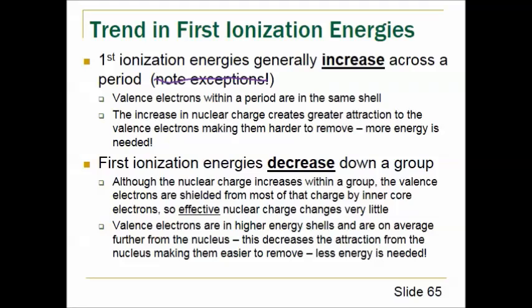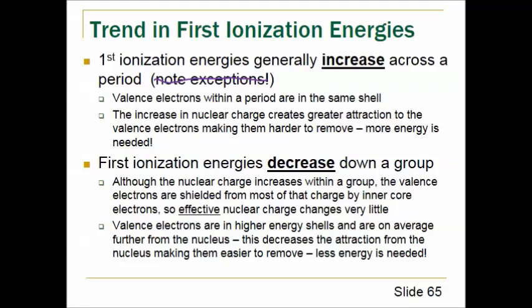When you go from sodium across to argon, the valence electrons are all in level 3, 3s and 3p, etc. So, given that, we also remember that when you go across the row, the number of protons in the nucleus increases. The nuclear charge gets larger and larger, more and more positive, because of the protons increasing across the row.